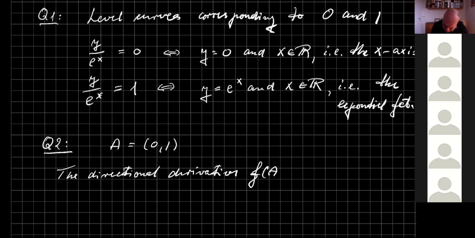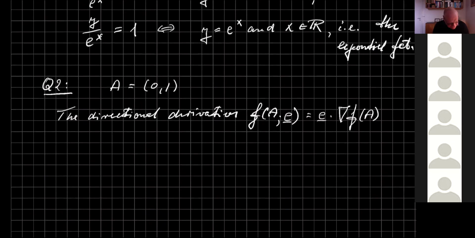So it is the directional derivative in the point A, and then in the direction of this unit vector e, and it's given by the formula e times the gradient of f in the point A. So in order to determine this, we need to determine this unit vector, and we need to determine the gradient of f.